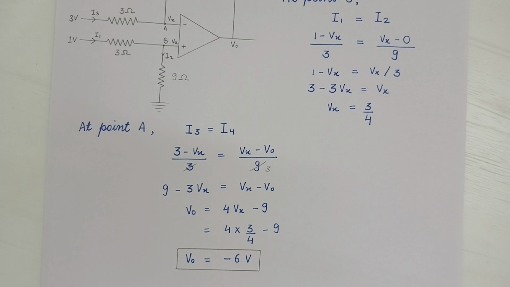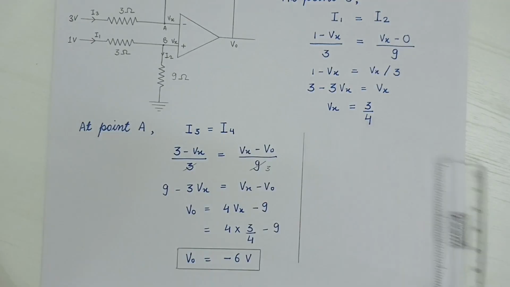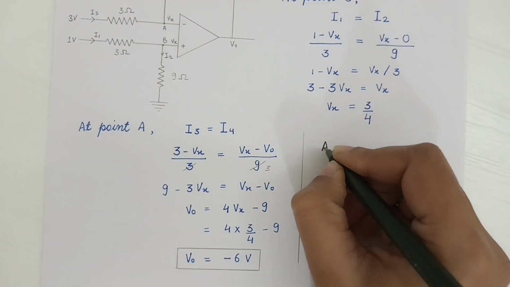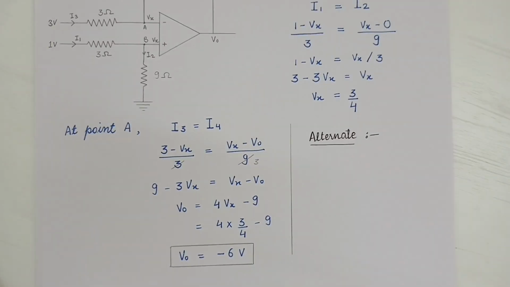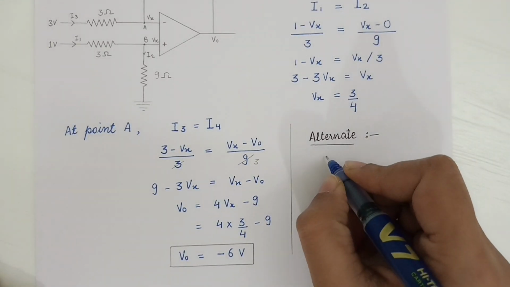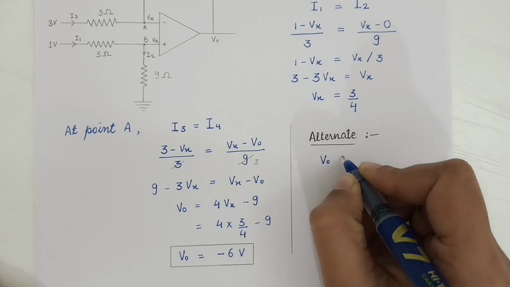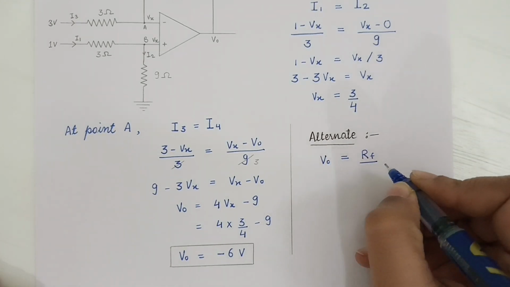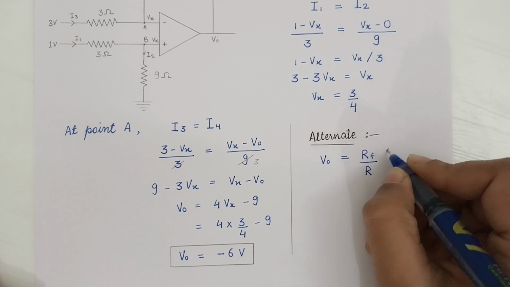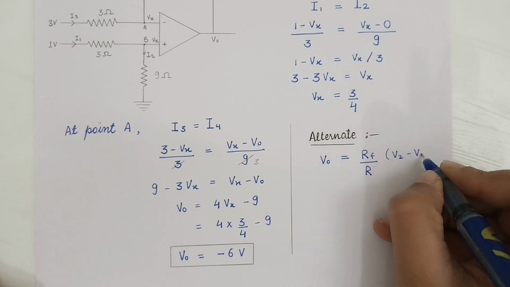Now the alternative method. So the direct formula for voltage output of a differential op-amp is, let me write alternate method. So the formula of voltage output is V0 is equal to RF divided by R times V2 minus V1.